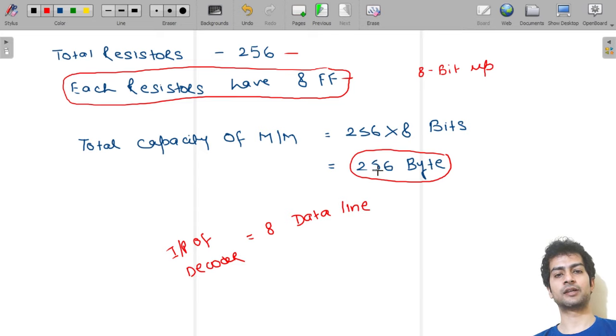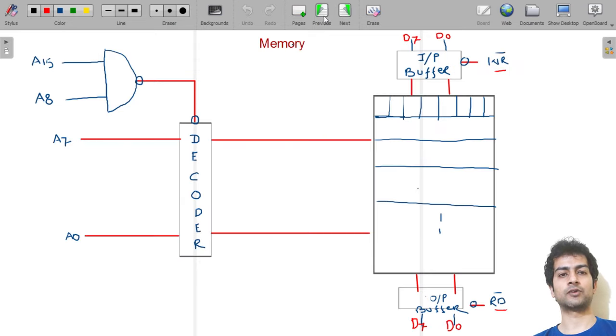If we had multiplied the memory by 2 and it had become 512 bytes, then we would have required 9 data lines at the input of the decoder.